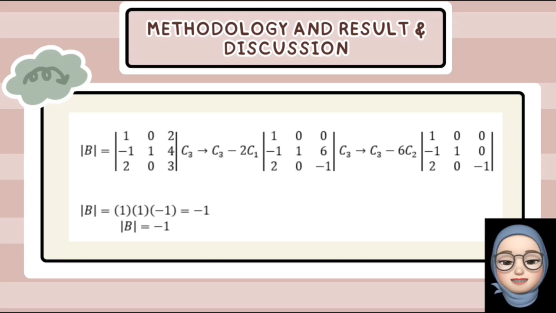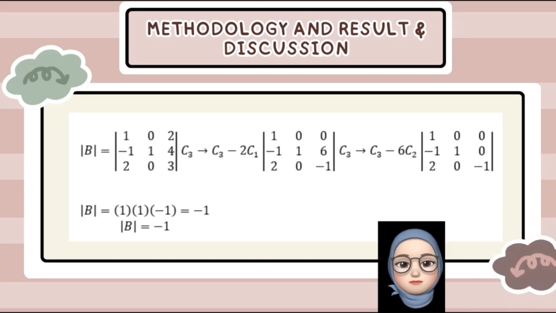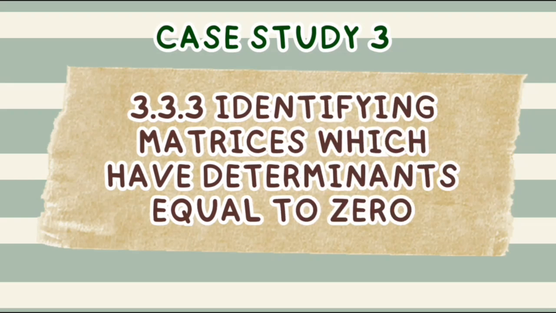Second step, which is the last step before we get an upper triangular matrix, is column 3 minus 6 times column 2, and the result will be 1, 0, 0; negative 1, 1, 0; 2, 0, negative 1. Since all the operations do not leave any effect, we only need to multiply the elements along the main diagonal. Hence, the determinant of B is the product of 1, 1 and negative 1, which equals negative 1. So that's all for case 2.